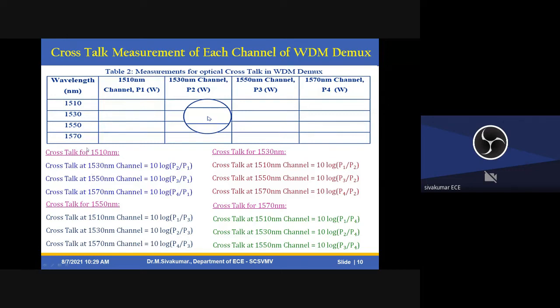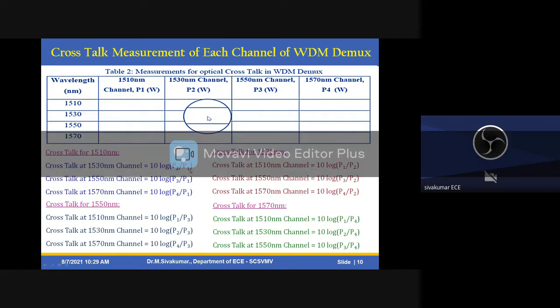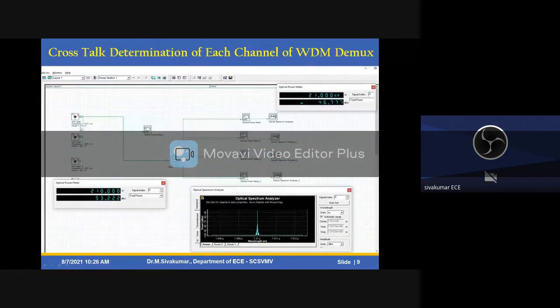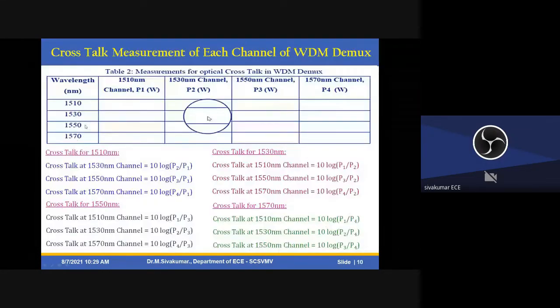How you find it: for example, for the 1530 channel, by using the formula P2 by P1. Because here all the values are with respect to P1. Here P1 is nothing but this one, power 210, because this is your reference power. So we are calculating this by using this formula.